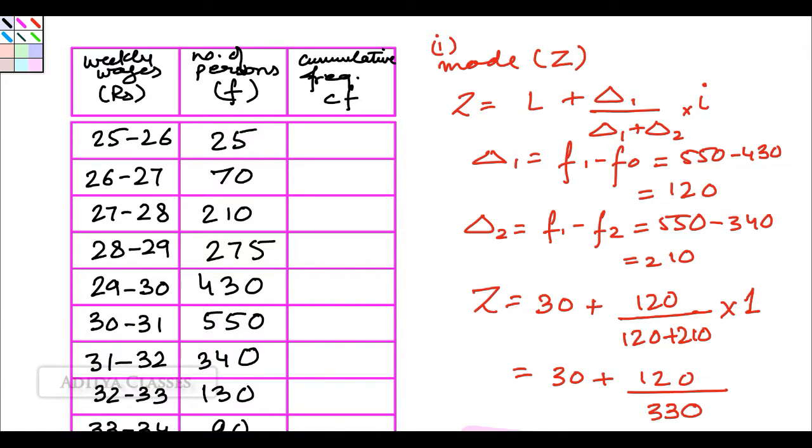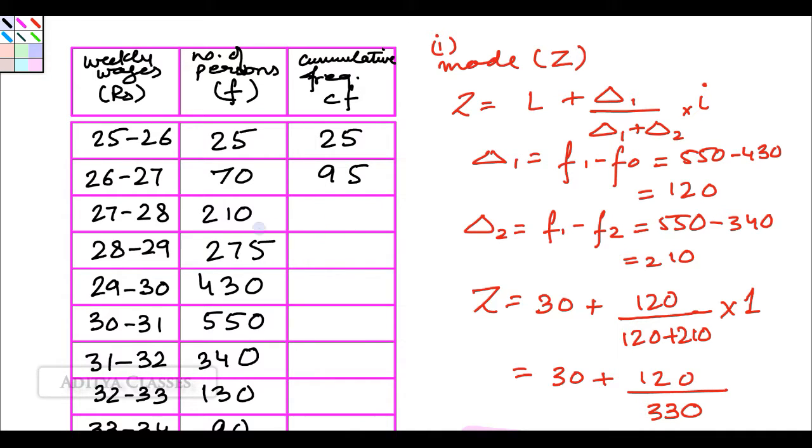Cumulative frequency is the summation of frequency up to the class. So when we are talking of the first class, it will be 25. Then in the second class, frequency up to this point is 25 plus 70, that is 95.